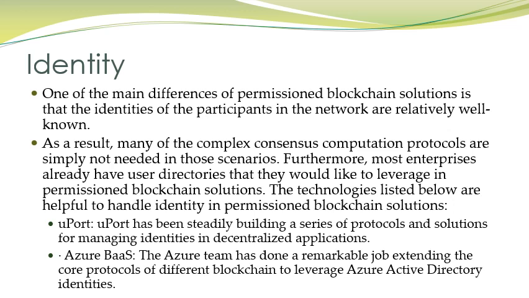One of the main differences of permission blockchain solutions is that the identities of the participants in the network are relatively well known. When a node joins the network, we have to identify that participant and see that the participant is already known. As a result, many of the complex consensus computation protocols are not needed.